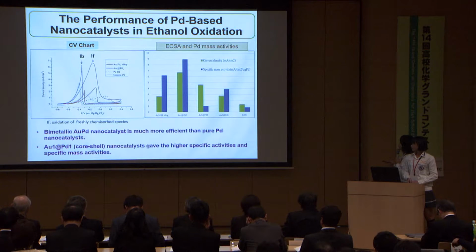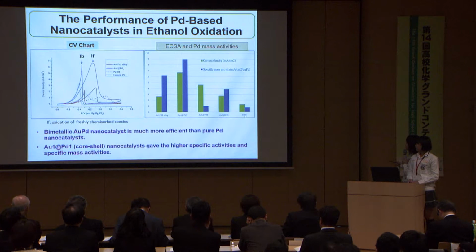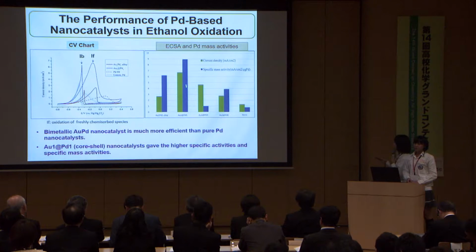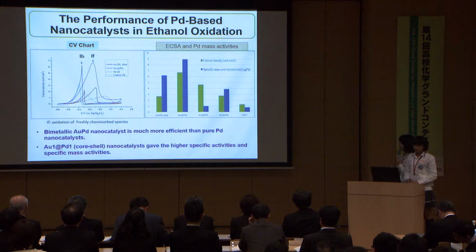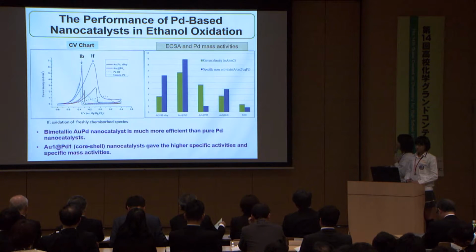This chart collected the current densities and specific mass activities of Au2Pd 1:1 in alloy case, all of core-shell structures, and Pd icosahedral. We can find in core-shell case, Au2Pd 1:1 is the best. Generally, the current densities and specific mass activities of Au-Pd nanocatalysts are higher than that of Pd icosahedral and commercial Pd.